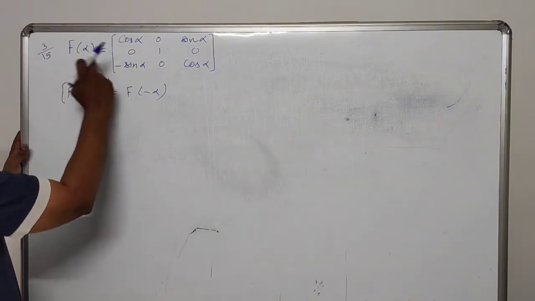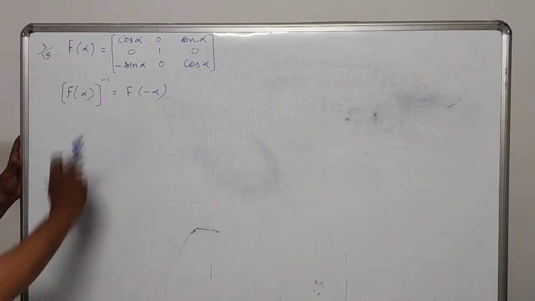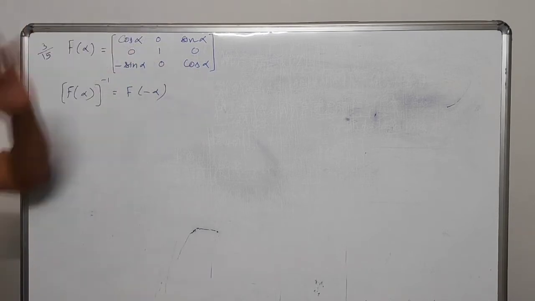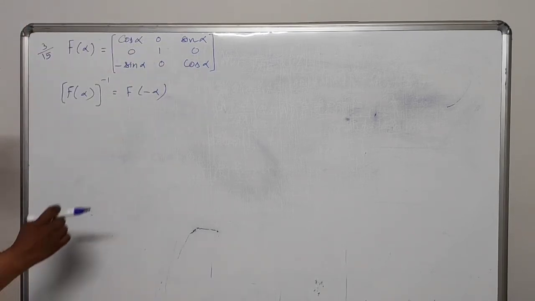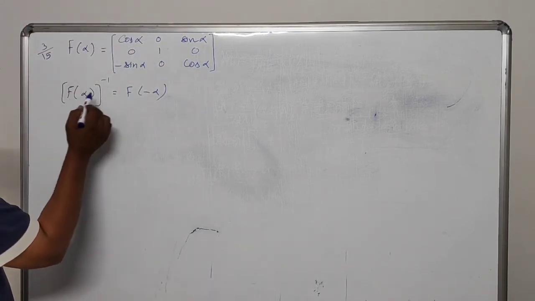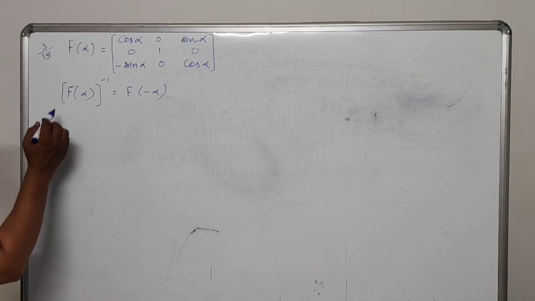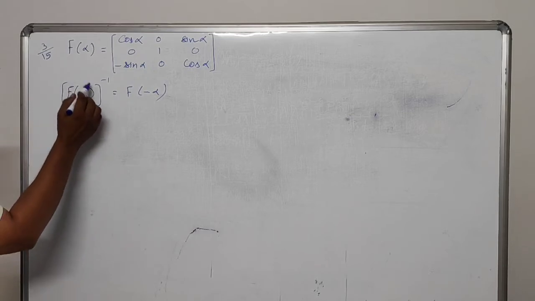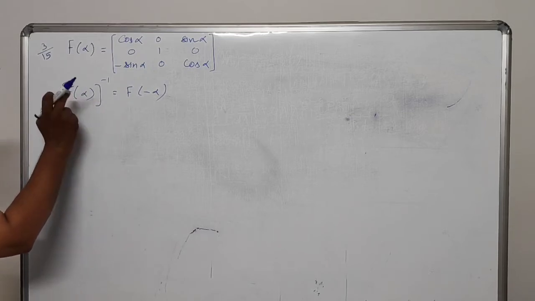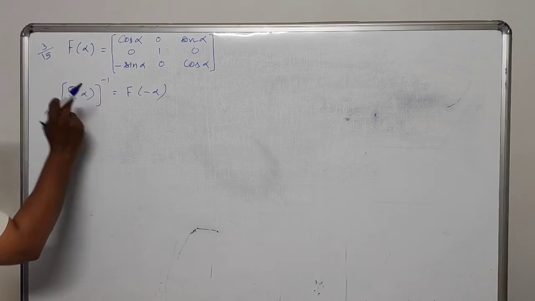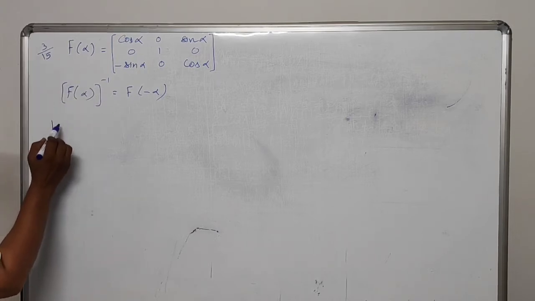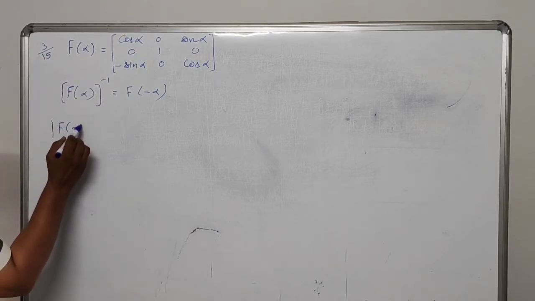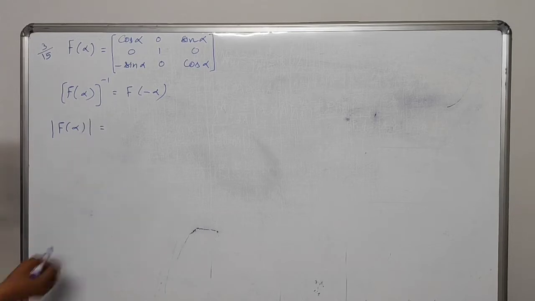For this given matrix you have to show that result, that LHS is equal to RHS. Now we can take this LHS, F of alpha. We need to find the determinant of this F of alpha. You have to check whether it is non-singular or not. Therefore, we can find the determinant of F of alpha, which is equal to.